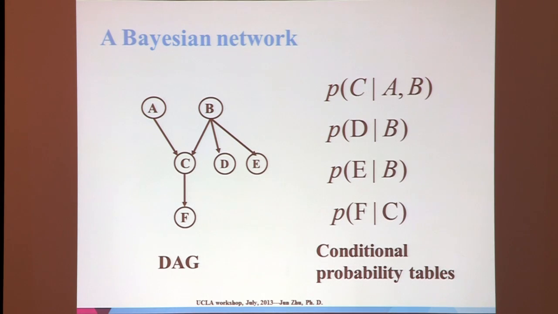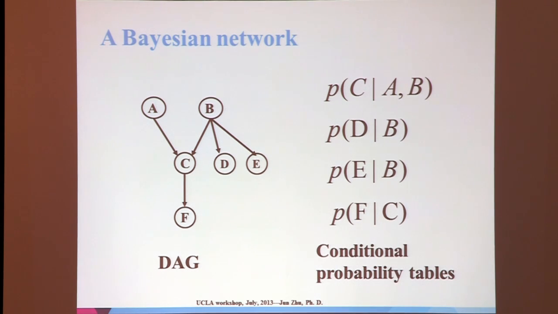So here is one example of this Bayesian network. The first part is this graph part, and if you look at the graph, you can always lay it out from the top down, and the edges are always from top to bottom. There's no edge going back. So that is generally a theoretic graph.